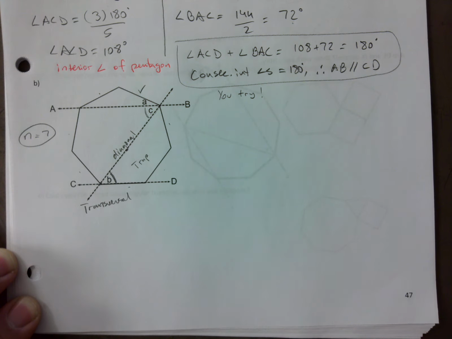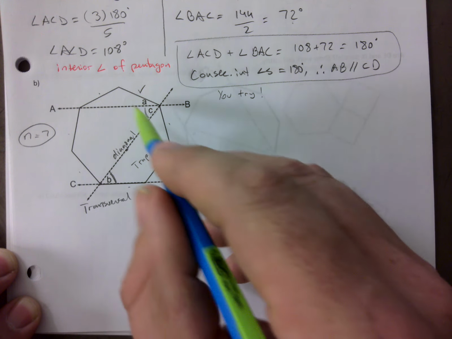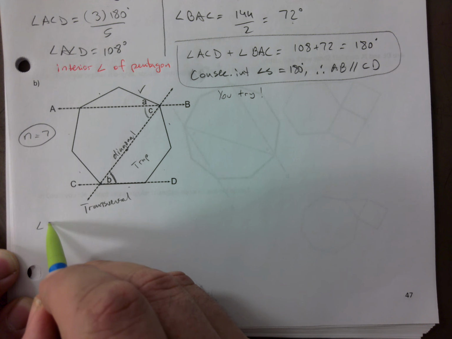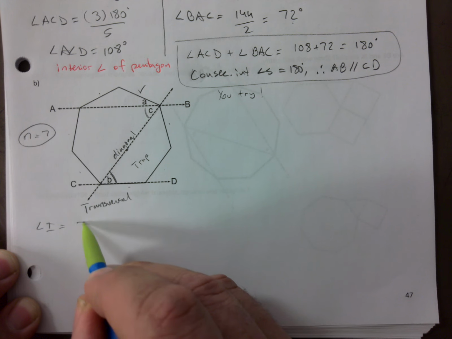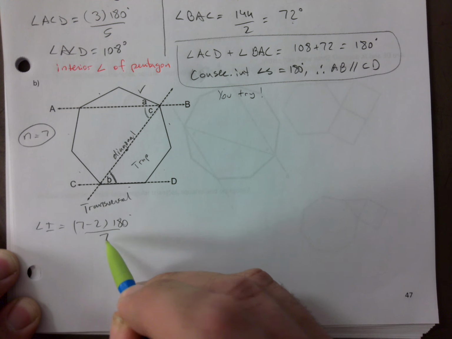Okay, very important. Let's figure out our interior angle real quick, because none of these letters that are there are connected to the interior angle. So you have to do that on the side. Okay, so let's do that. The interior angle would be 7 minus 2 times 180 divided by 7.